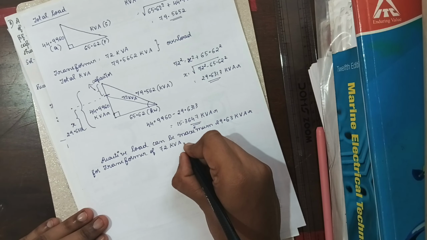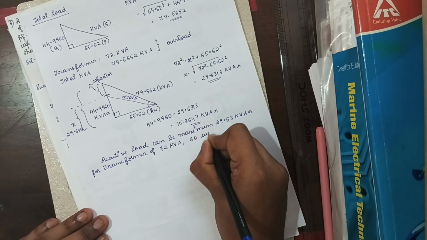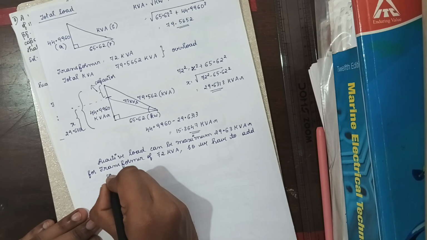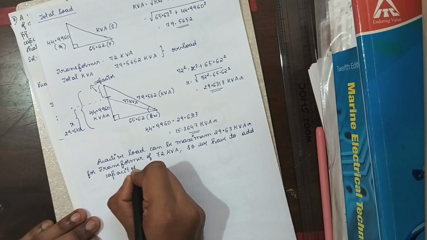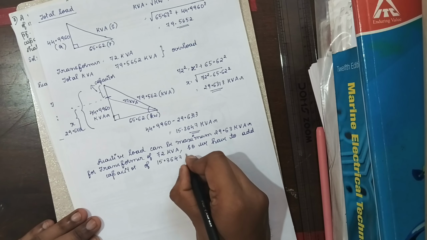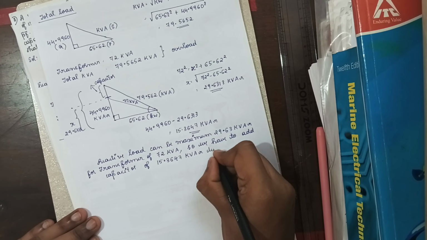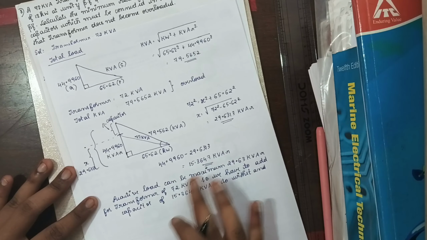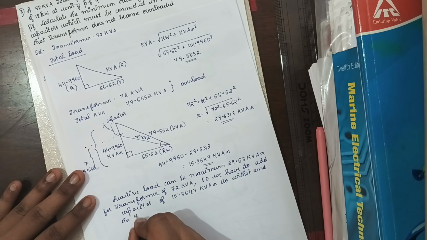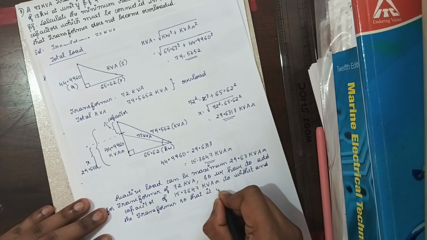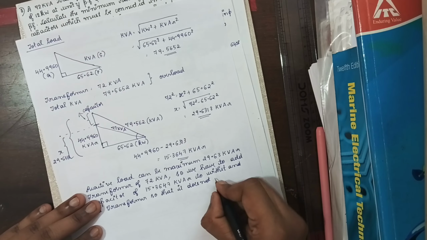Okay, so we have to add a capacitor of 15.3647 kVAR to withstand the transformer so that it does not get overloaded.